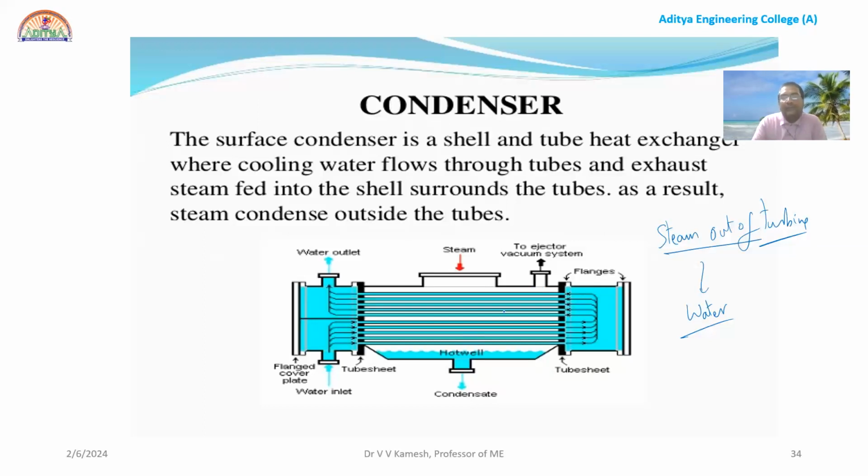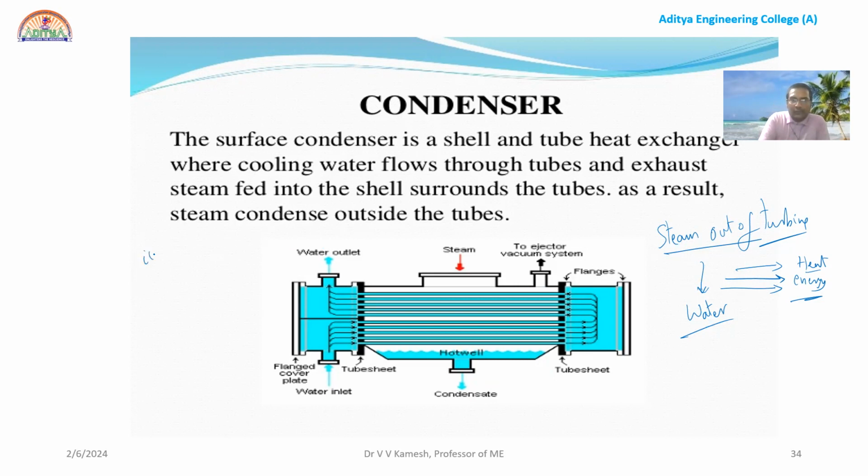So there will be some heat exchanger. That means the energy from the steam is to be extracted out, right? So this is the heat energy is extracted out, right? So automatically the steam will be converted to water. You know very well, the water is having the three stages, right?